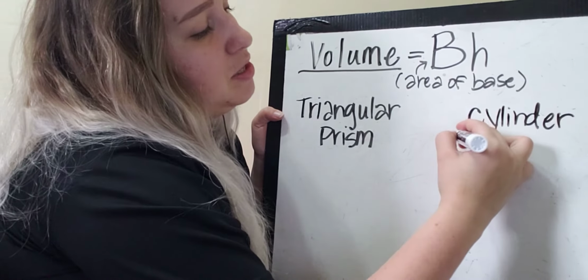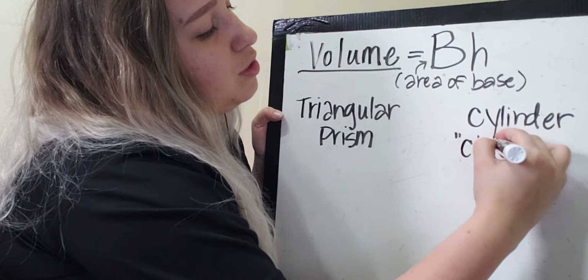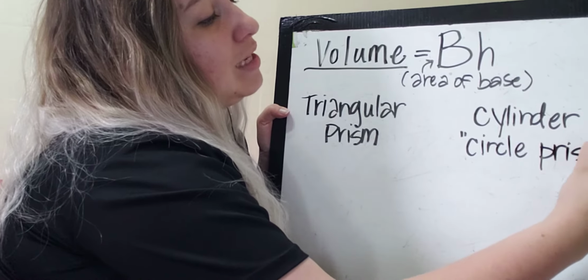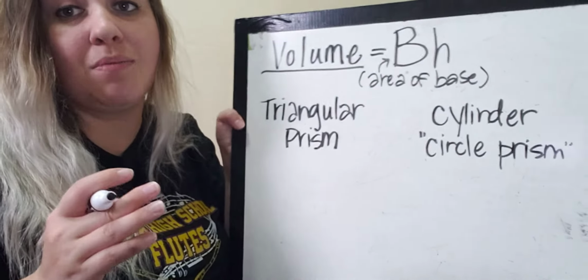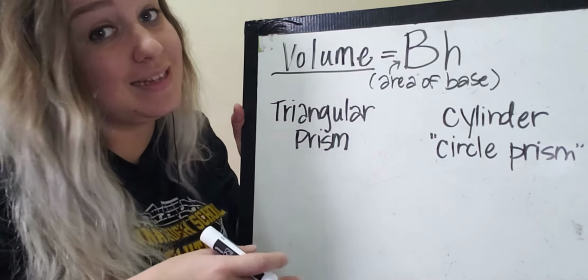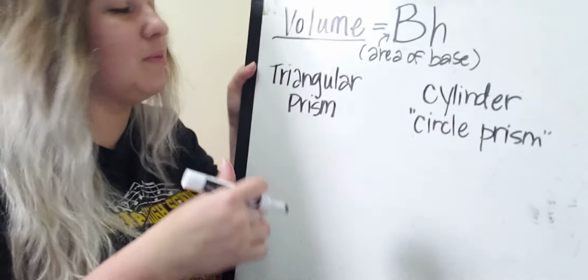We call it a cylinder. It is also known as a circular or circle prism. So just like last time we had a cube that had its own name, but we called it a square prism. A cylinder has its own name, but it's a circle prism. And you'll see why when we start getting into formulas and whatnot.